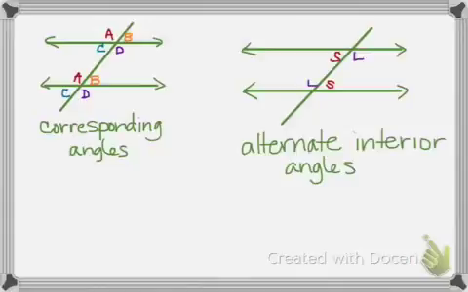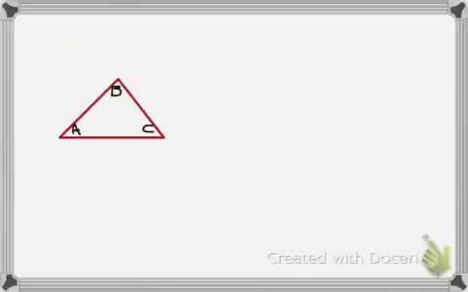So again, they're inside the parallel lines on opposite sides of the transversal. Now, through vertical angles, we can also say that those large angles are equal and those small angles are also equal.